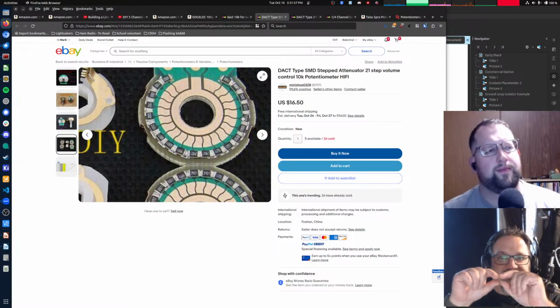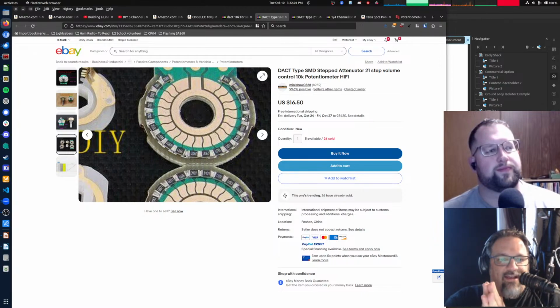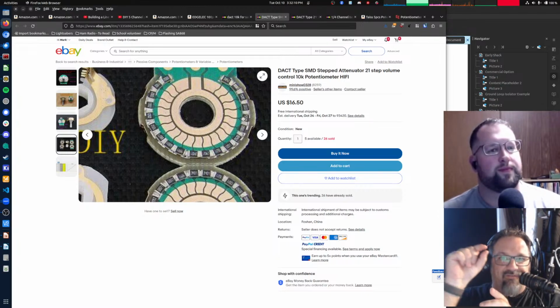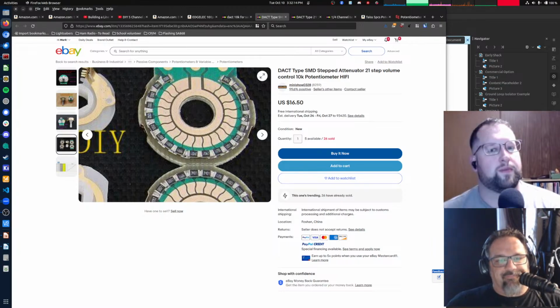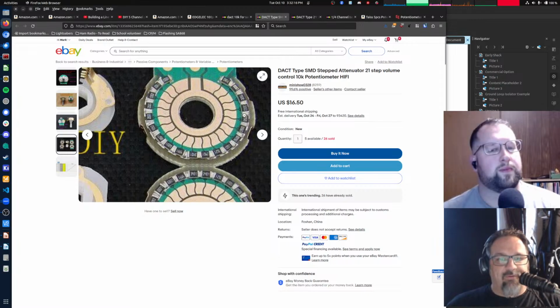And what it does is it ends up making a ladder that they can actually make a logarithmic taper. So they can set the values between each of the contacts to be exactly what they want.